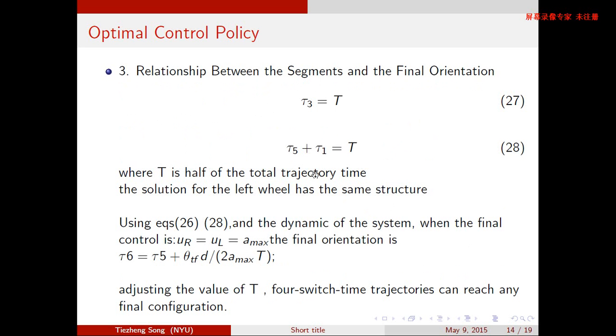So this is the relationship. This is the solution for the right wheel. The solution for the left wheel has the same structure.